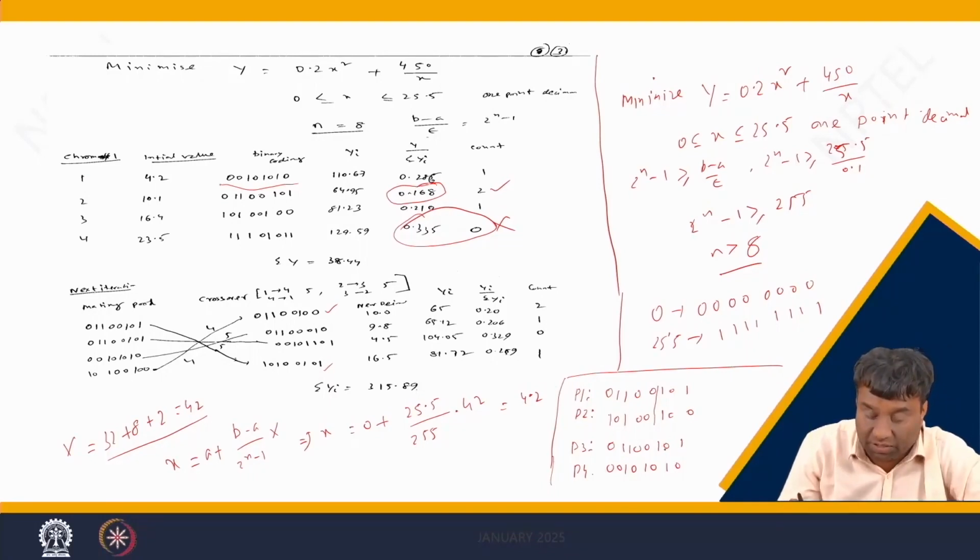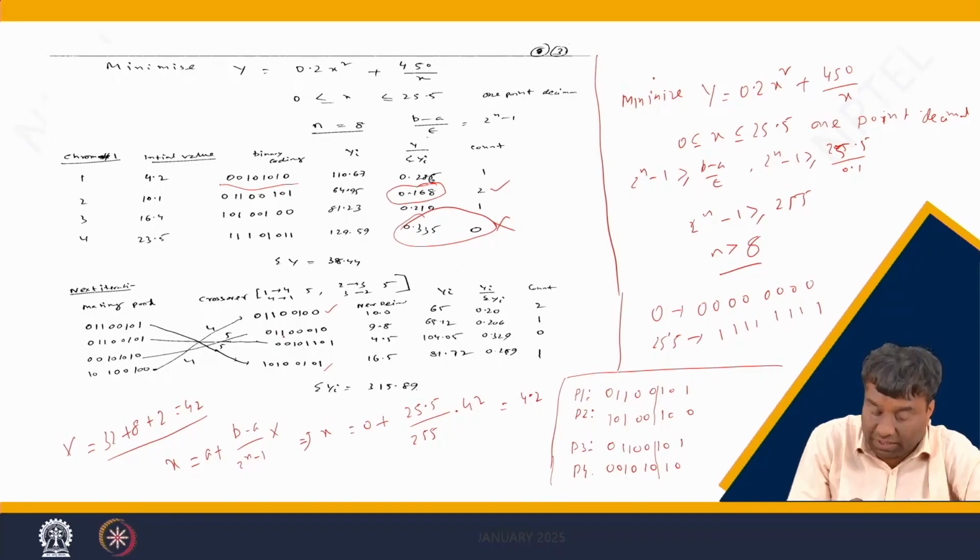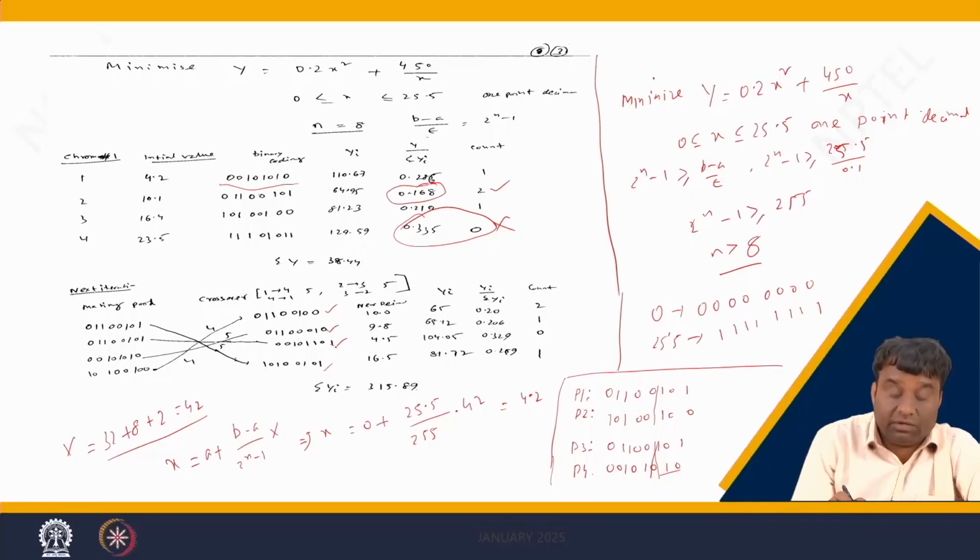So again we are crossing after the fifth bit. So here also we will get 0 0 and 0 1 1 0 0. Then lastly we get 0 1 0, and here we get 0 0 1 0 1 1 0 1. So for the next iteration you can write chromosome 1, this is chromosome 2, this is 3, this is 4.